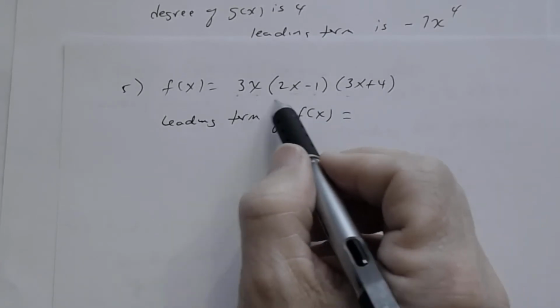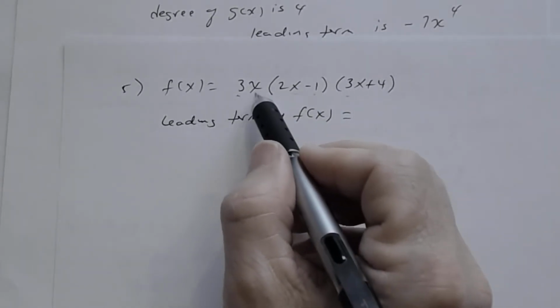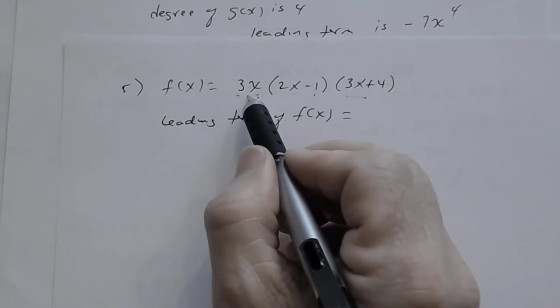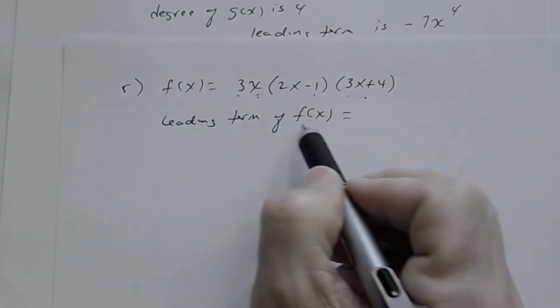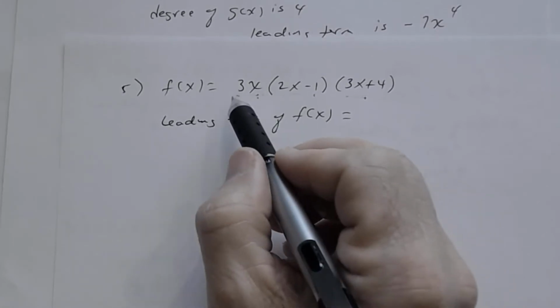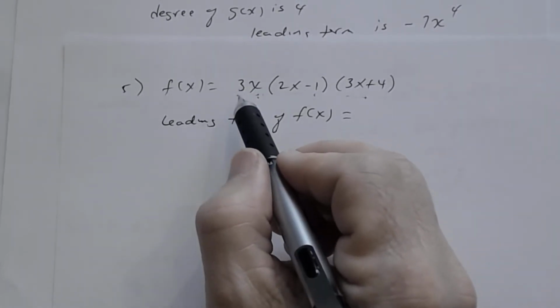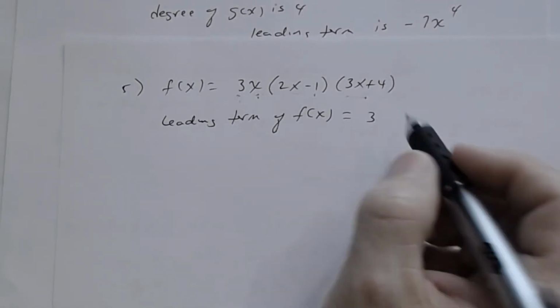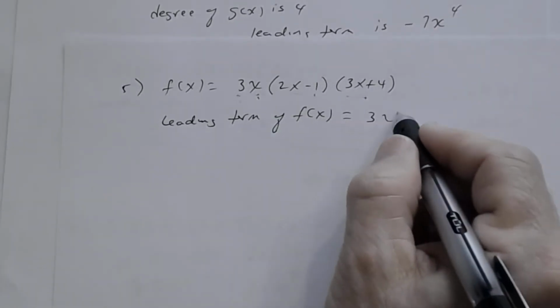Now, these factors are monomial factors. These are binomial factors. So your leading term must include the monomial factors as you see them. So that means I see a 3, I must use a 3. I see an x, I must use an x.